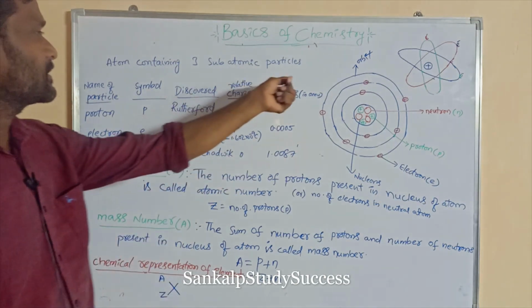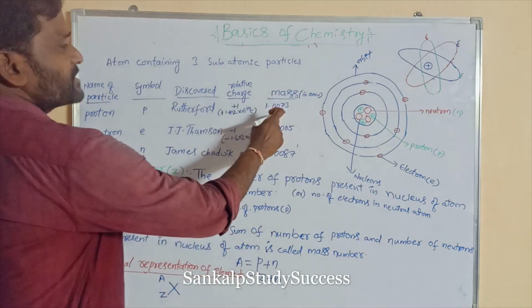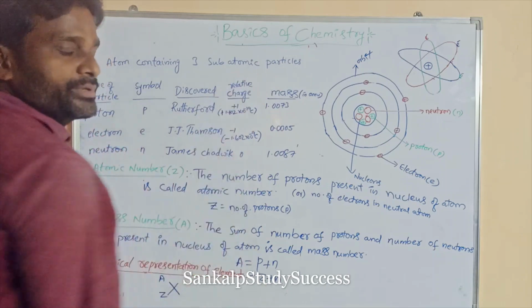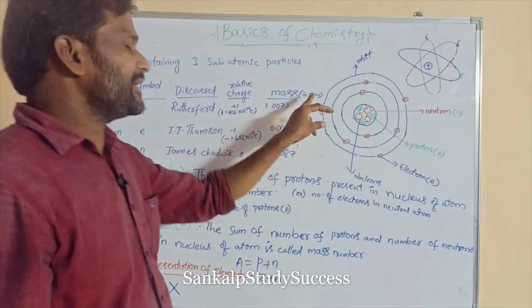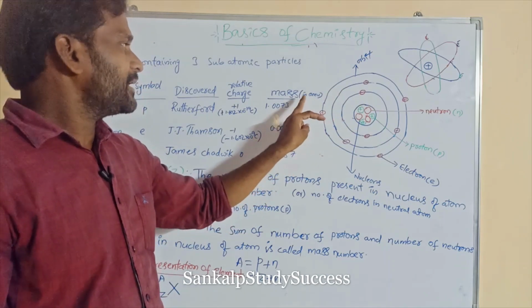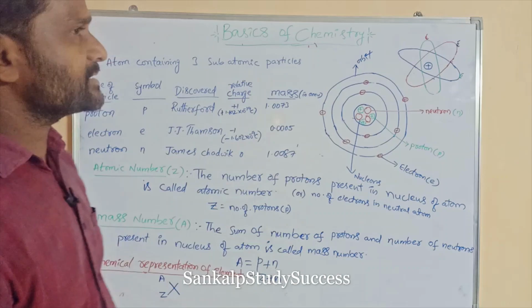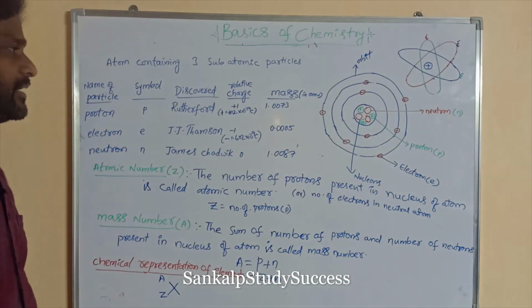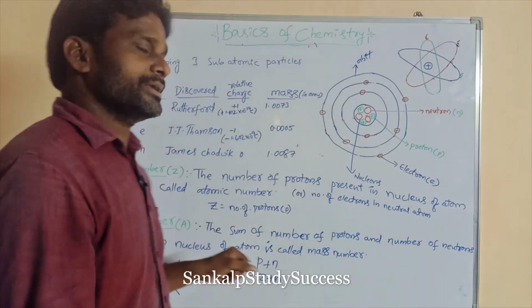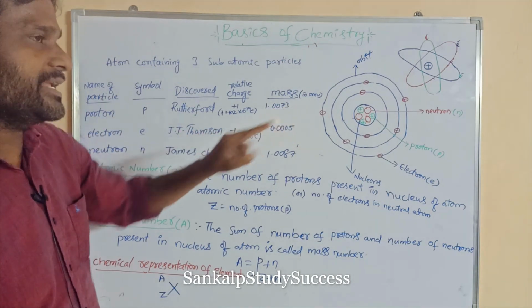And the mass of the proton is 1.0073 AMU. AMU is the unit, the atomic mass unit. The mass of an atom is measured in AMU. The mass of the electron is 0.0005 AMU, which is almost 0.